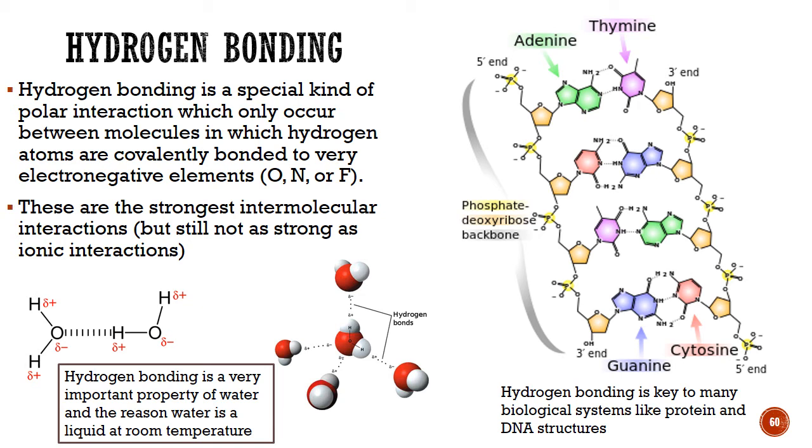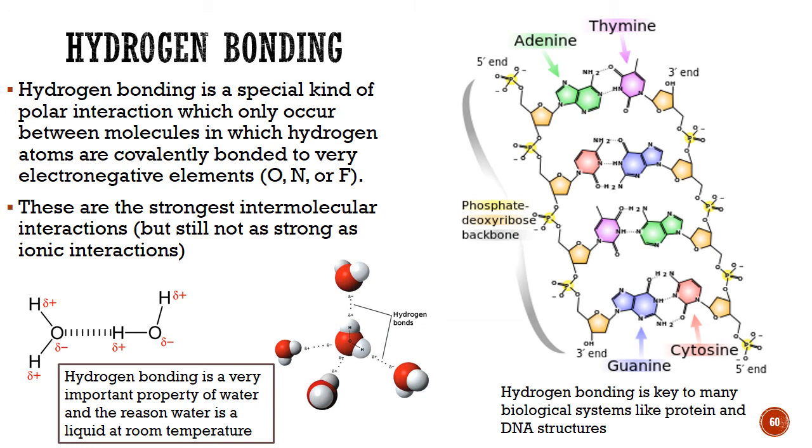You can look over on the right-hand side. Hydrogen bonding is the key to many biological systems. So I said that the H has to be attached to an O, N, or F, and then attracted to an O, N, or F. They don't have to be the same. So if you look over on the right-hand side, that's DNA. These are the two strands of DNA being held together.